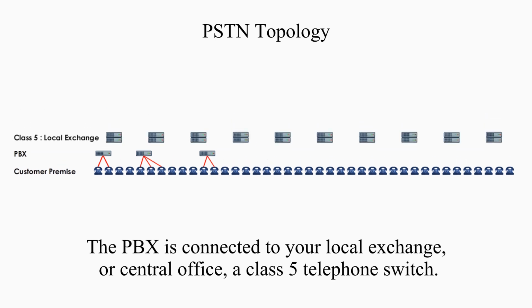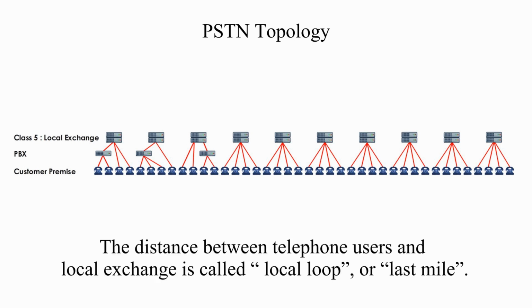The PBX is connected to your local exchange or central office, a classified telephone switch. The distance between telephone users and local exchange is called the local loop or last mile.